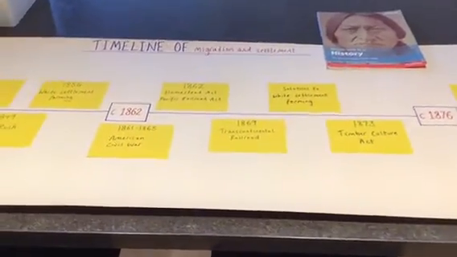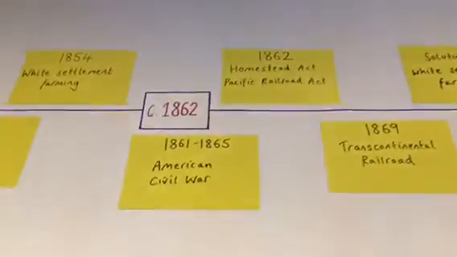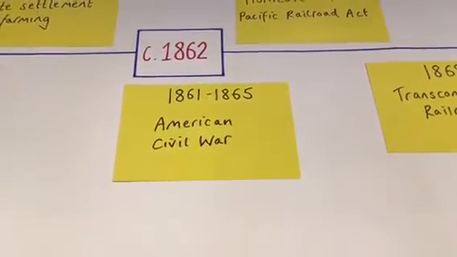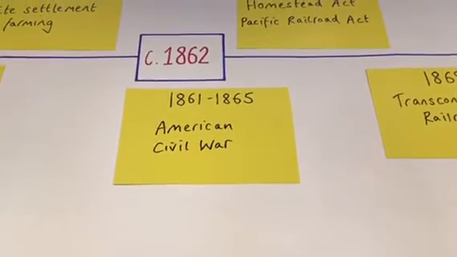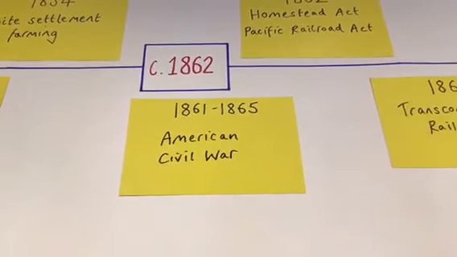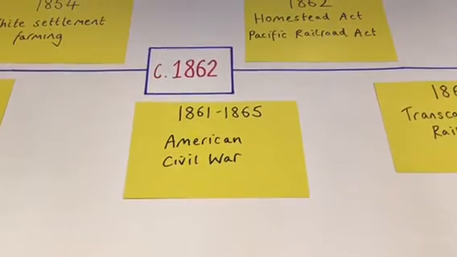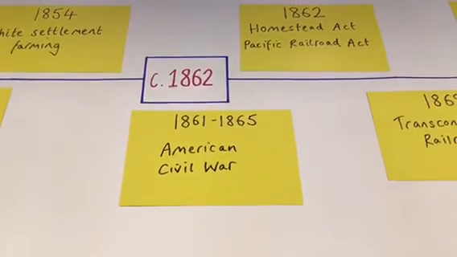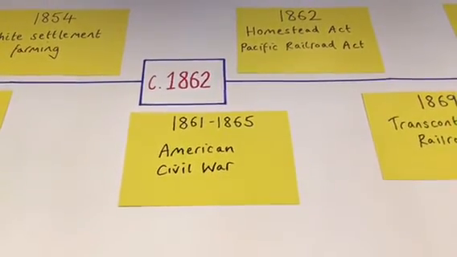Now the first revision card is an event that actually starts a year just before that date, 1862. But it is a circa date, and remember the small c means around that time. It's looking at the famous story of the American Civil War in America. In the lesson today, you'll see a video about the Civil War itself.